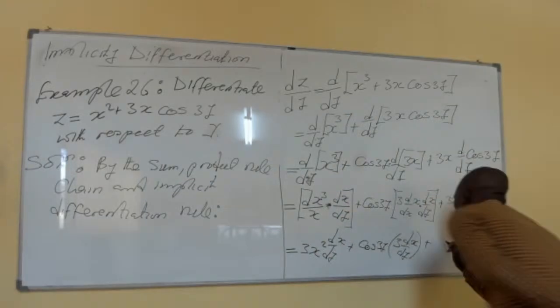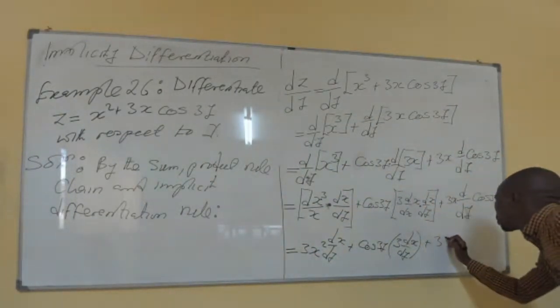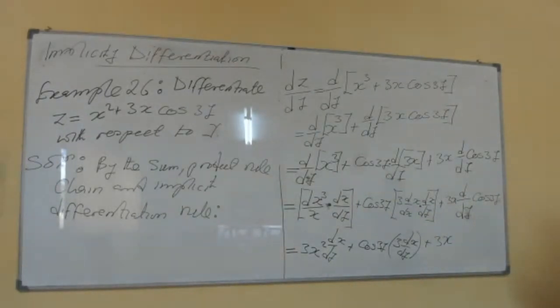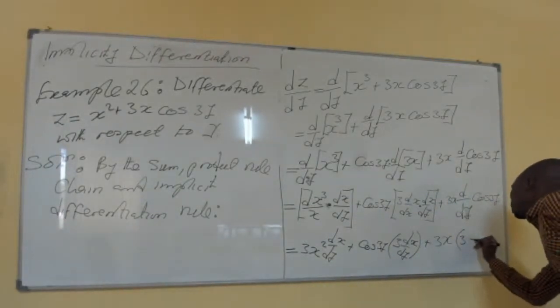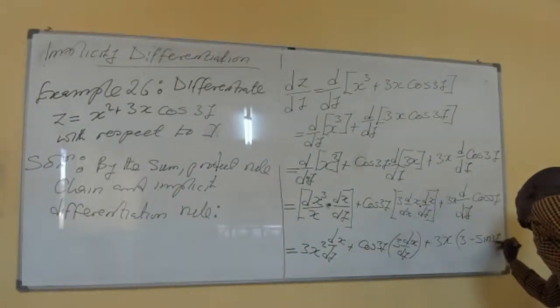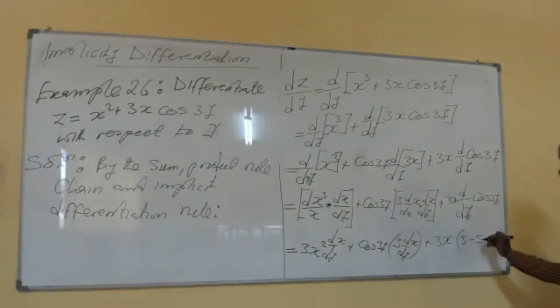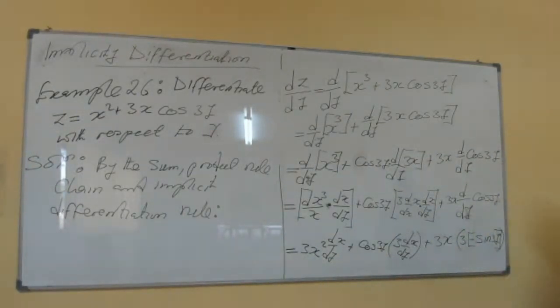Then plus 3x, then the derivative of cos 3y is negative sine of 3y, and then the derivative of 3y is 3.